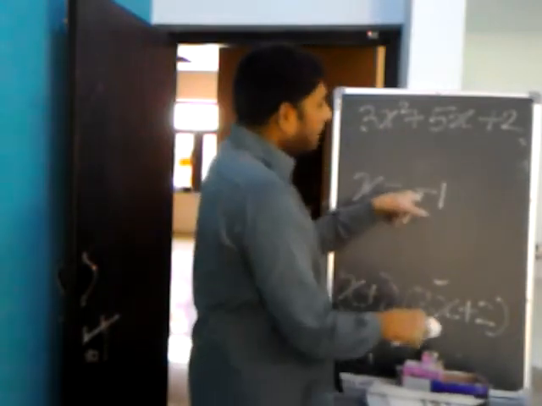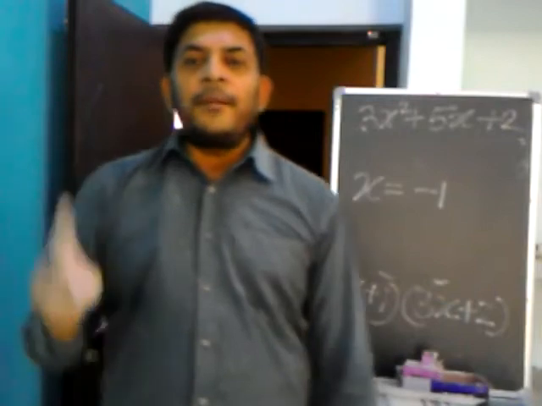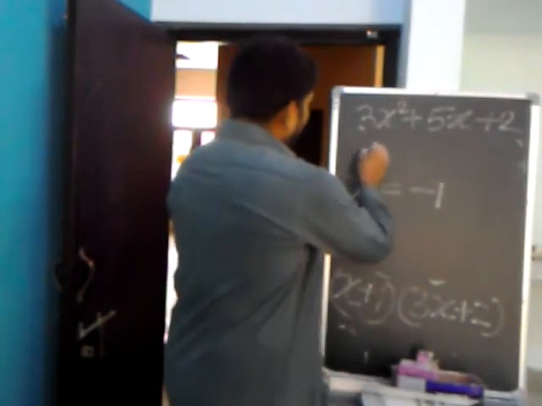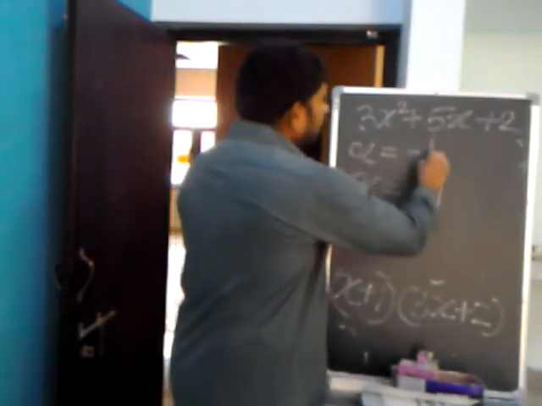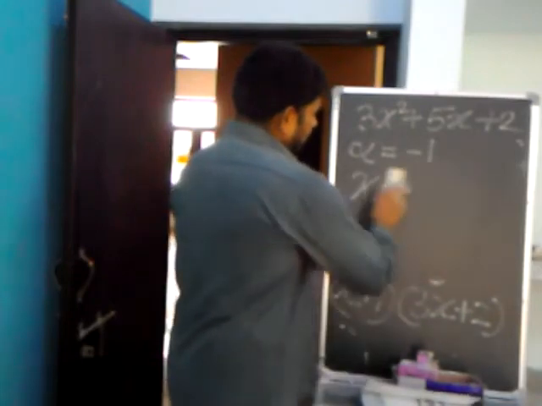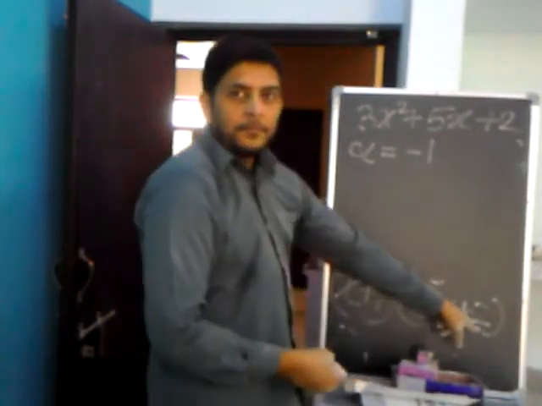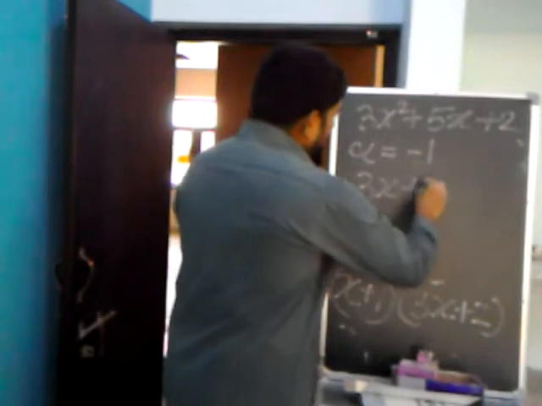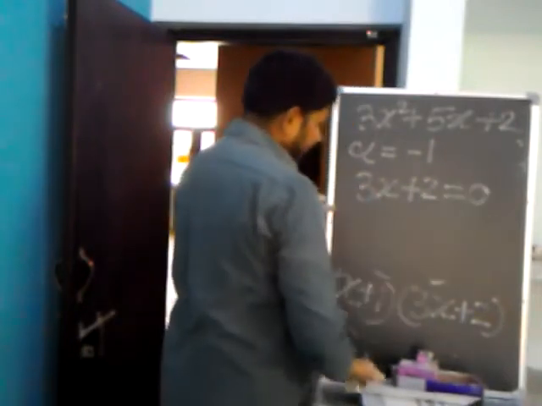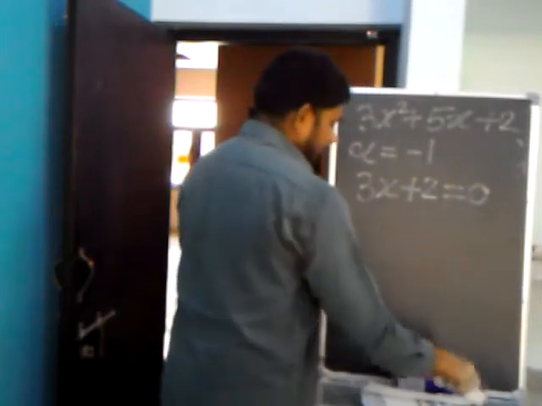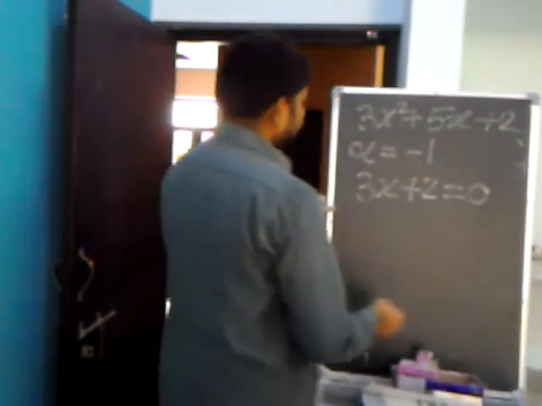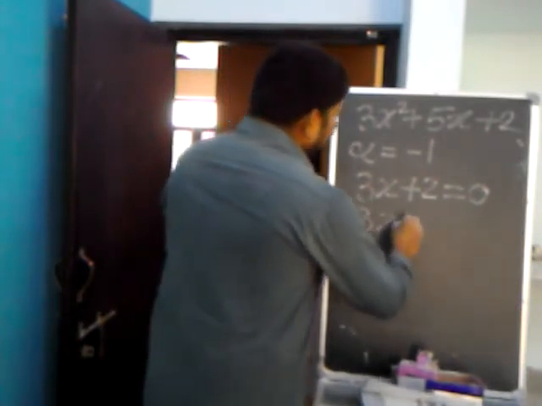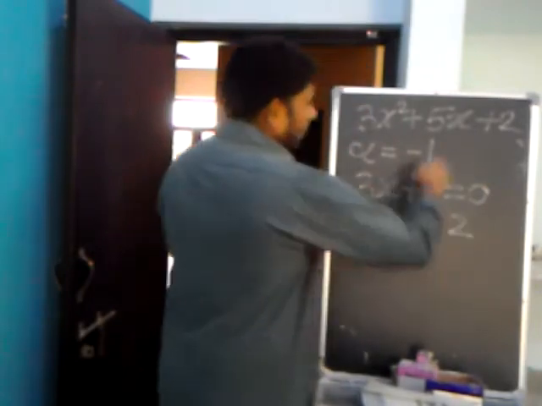So first is minus 1. And if you remember, the first zero is alpha. So alpha is minus 1. Now the second one, 3x plus 2 is equal to 0. 3x is equal to minus 2. 2 went here.